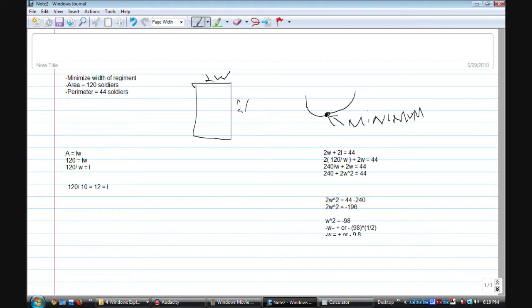That means I will use this for the perimeter. This also means that the target of our optimization will be to minimize the width of the regiment.